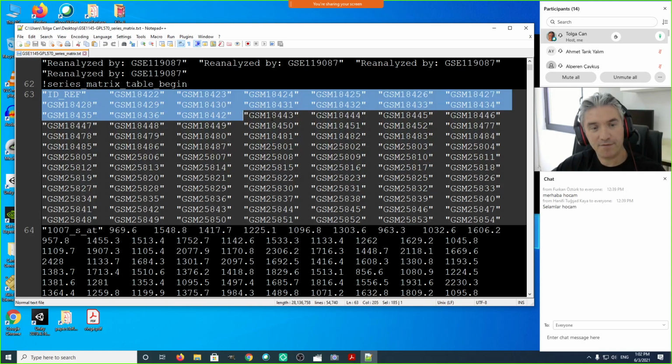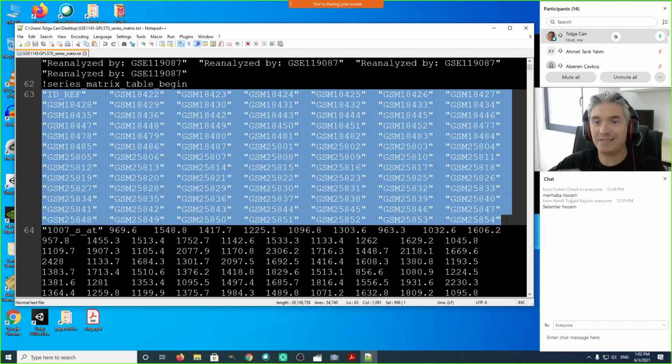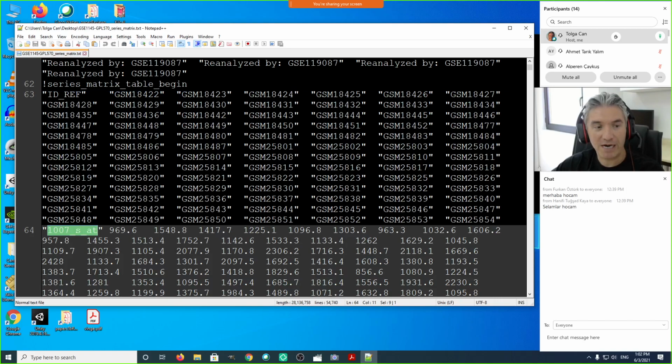So this is the first row of the table that gives us the column descriptions. And this is the first column, ID ref, saying that this is that particular ID that corresponds to a specific transcript, a probe set which represents a transcript, which may be a transcript of a gene.